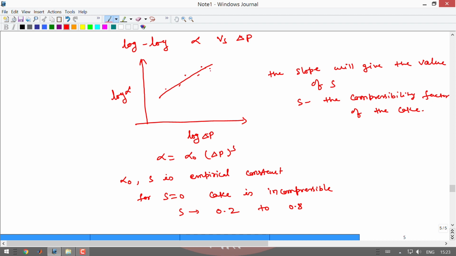So, from this plot you will get s equal to 0.25. From this we can conclude that the slope of the above plot gives s, and this is slightly compressible. The value of s is about 0.25. So, the cake is not that much compressible, it is slightly compressible.